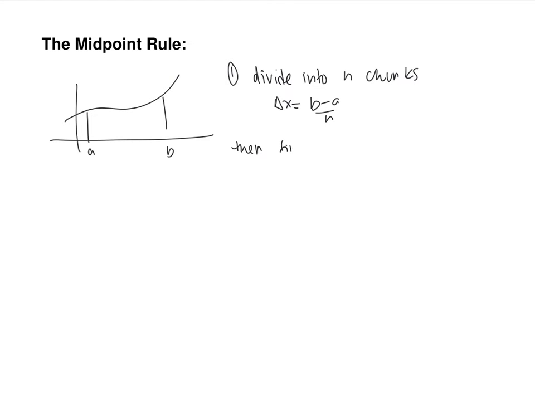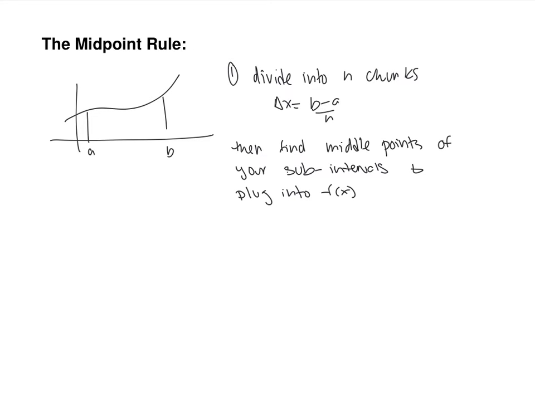And then find the middle points of your subintervals and plug into your function. So how I would draw that picture is, here's my middle point, I go up to the curve there, and I find the height. Middle point, up to the curve, I find my height.